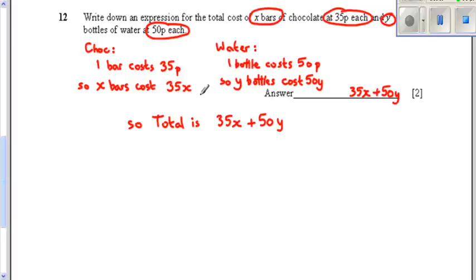You don't have to write the p there, it's just 35x is enough. For the water, it tells us 1 bottle costs 50p, so Y bottles is going to cost 50y. So the total of those two together is going to be 35x plus 50y, and that's your answer.